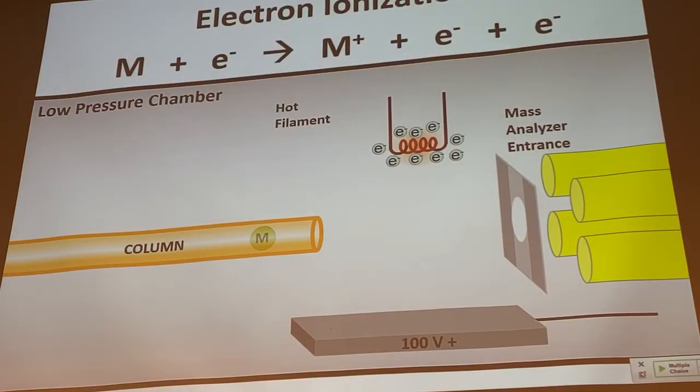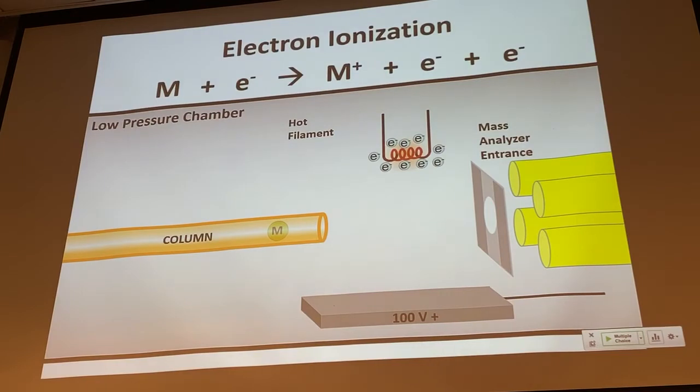All right, here we have a live action animation of electron ionization. So here we have this hot filament that's spitting off these high energy electrons. And then here we have our molecule that we're analyzing inside this column that's being introduced into this chamber.